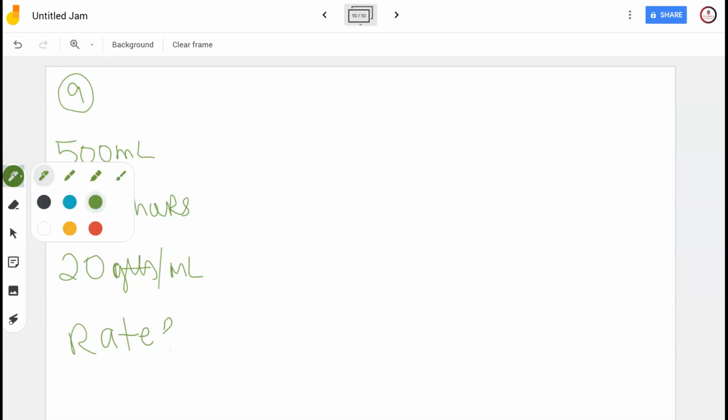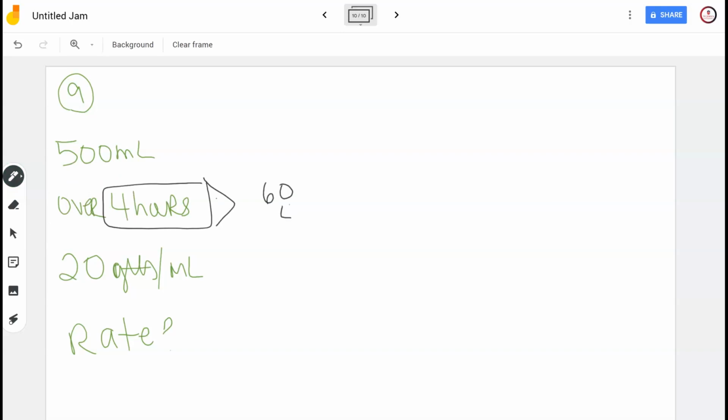So, first thing you're going to do is convert 4 hours into minutes. So that's 4 times 60, 240 minutes. Now you're going to plug in all your numbers into your volume over time formula.